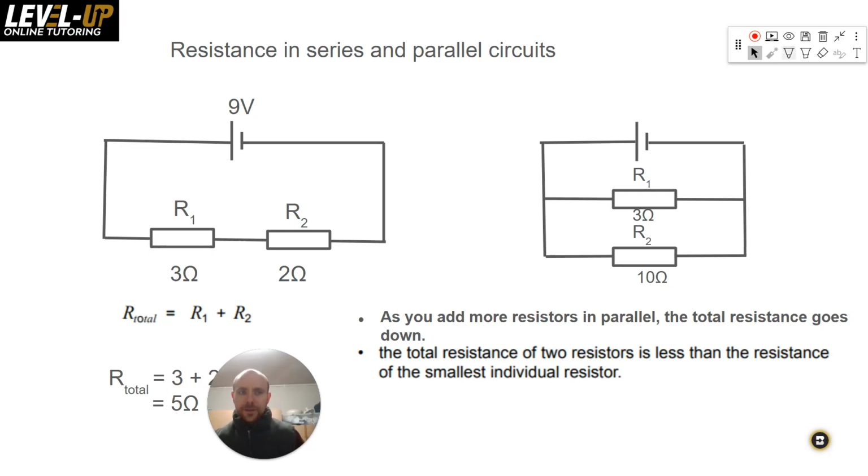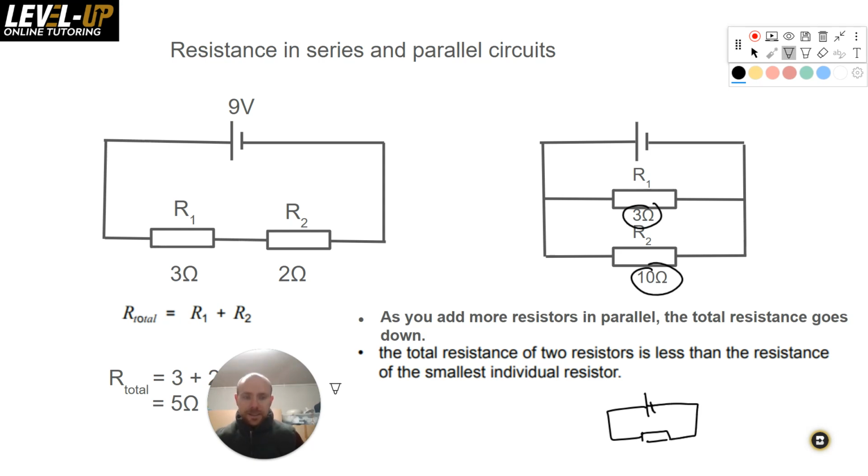You don't need to know the actual value, but if you look at these 2 resistors, 3 ohms and 10 ohms, the combined resistance, if I replace them with just one resistor, would be less than the resistance of the smallest individual resistor. In other words, it's going to be less than 3 ohms.